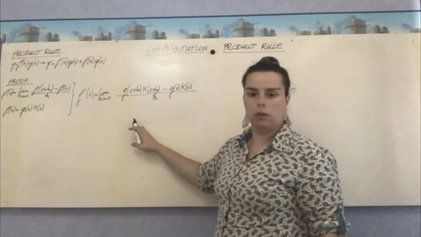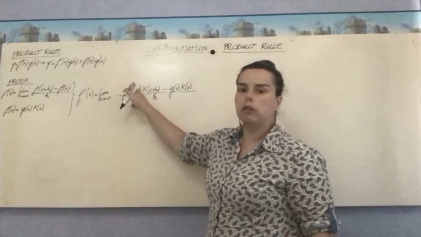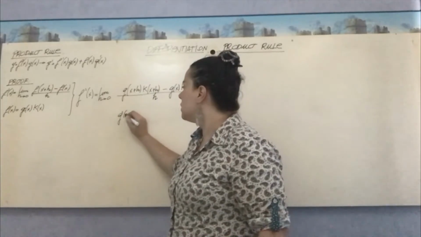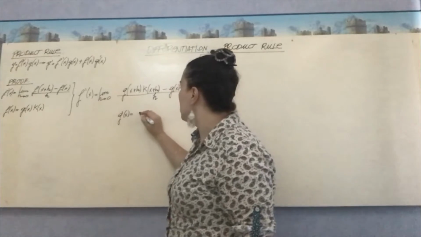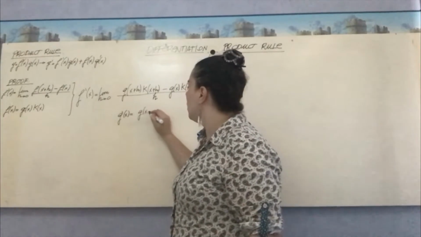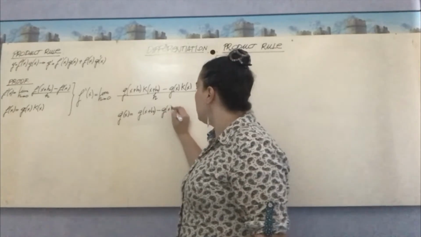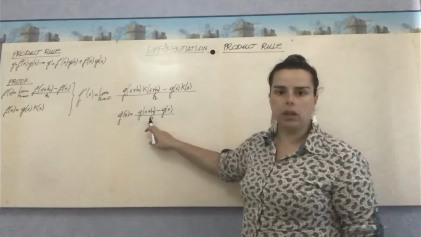Now, where do I go from here? If I were only looking at g of x, I know how to differentiate only that one by first principles: g prime of x equals the limit of g of x plus h minus g of x, all divided by h. There's no problem in there.